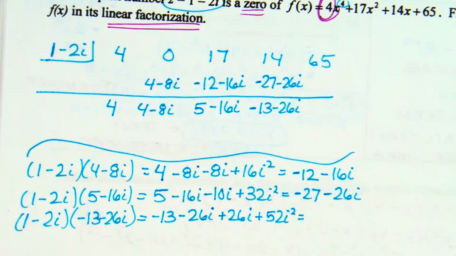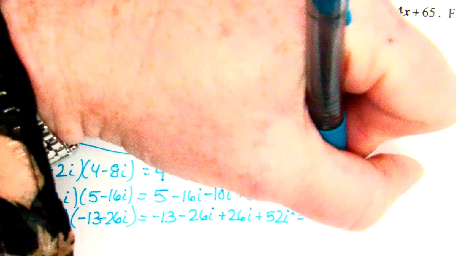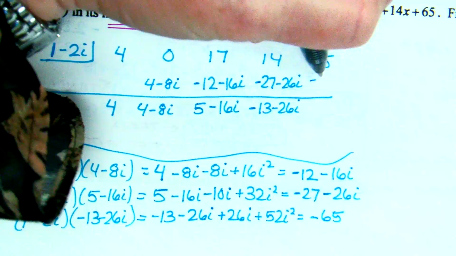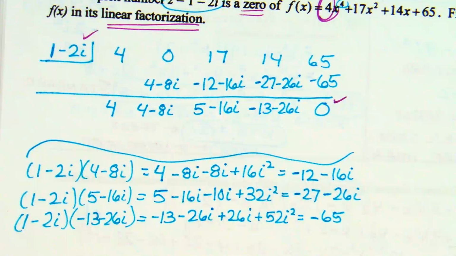What's happening on this one? Yeah, my middle i's cancel. Negative 26i plus 26i cancel. Negative 13 minus 52 is minus 65. 65 plus negative 65 is 0. But it actually worked. That's half the battle there, yes? And since it worked, I can feel pretty confident that these pieces are right.